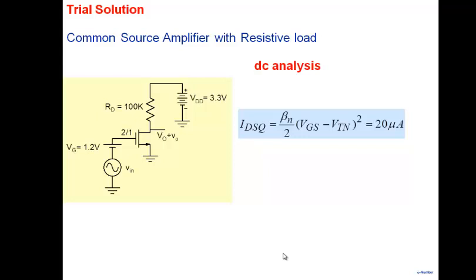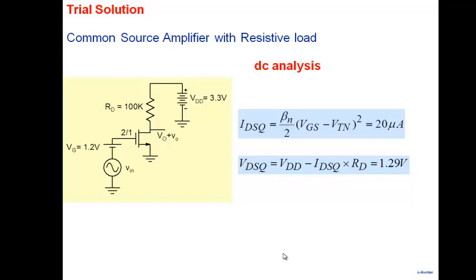So you plug 1.2 volts here, and the size is not indicated, but we are taking size, let's say, as 2 by 1 here. And size is indicated 2 by 1 in the transistor here. So you can calculate beta N, and VGS is known to you, so you can easily calculate what the bias current is. Q denotes the quiescent current, the quiescent point or bias point.